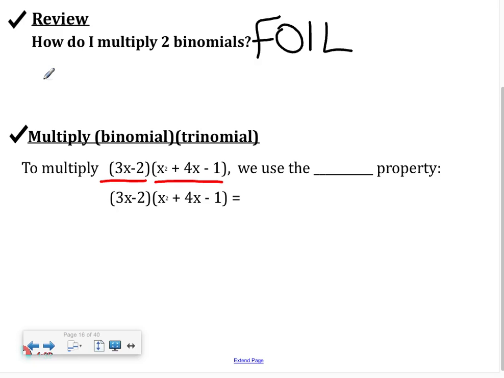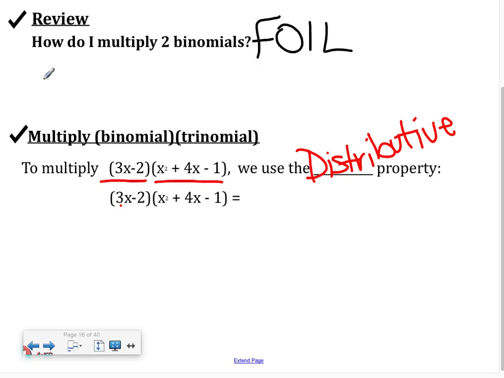Instead, for this, we have to use the distributive property. And we have been using that throughout chapter 8. And so that shouldn't be too crazy and new. So what we do to multiply a binomial to a trinomial, we have to use the distributive properties.